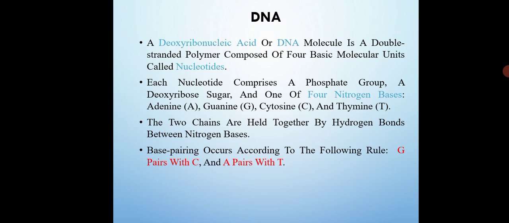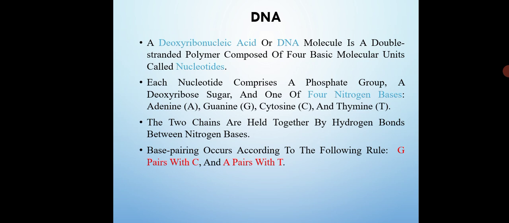DNA, which can be expanded as deoxyribonucleic acid, is a double stranded polymer composed of four basic molecular units called nucleotides. Each nucleotide consists of a phosphate group, a deoxyribose sugar, and one of the four nitrogen bases: adenine, guanine, cytosine, and thymine.